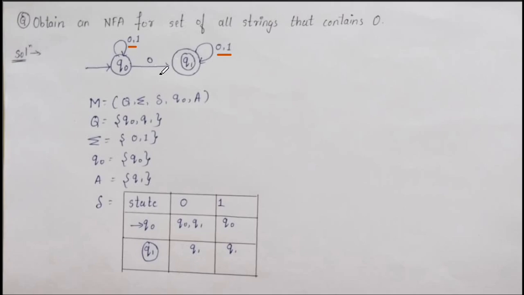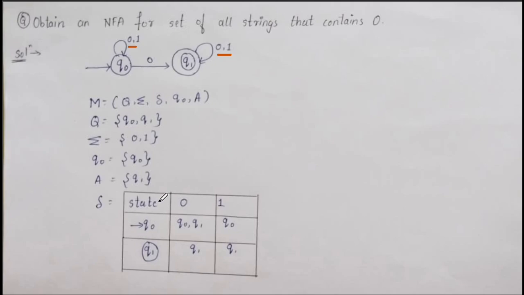M equal to (Q, Σ, δ, Q0, A), where capital Q is equal to {Q0, Q1}, which are the non-empty finite set of states, and Σ equal to 0 and 1, which are the non-empty finite set of input alphabets, and Q0, here in this diagram the initial state is Q0 and A is the final state. In this diagram Q1 is the final state.